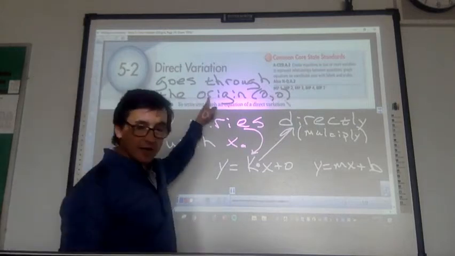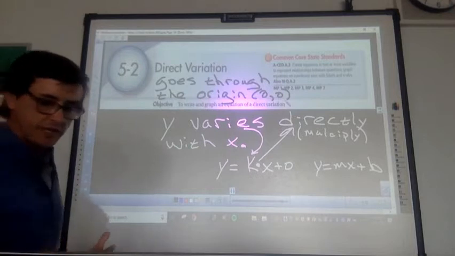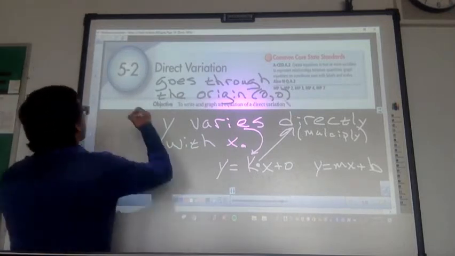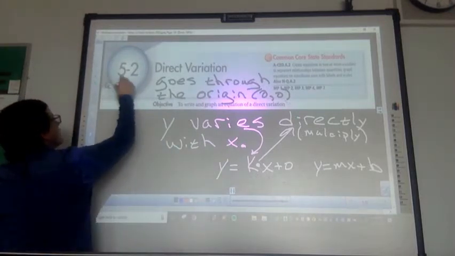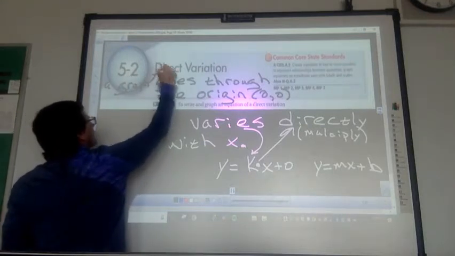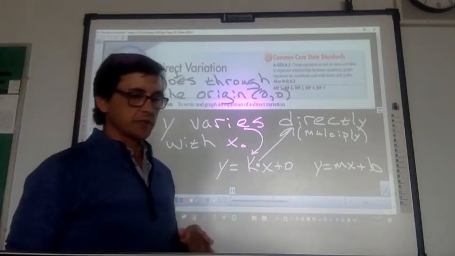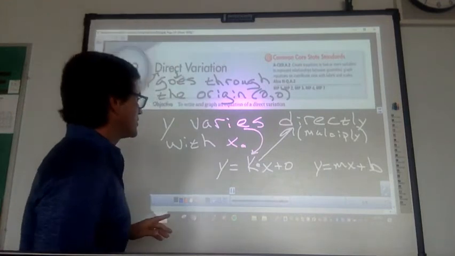So you'll notice I say origin and then 0, 0 right after it, so you understand what the origin is. So let's put in front of that: a graph of direct variation goes through the origin. Always, always, always. So if it doesn't, it is not a direct variation.